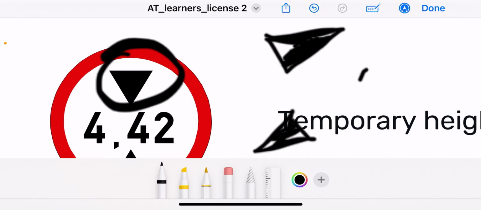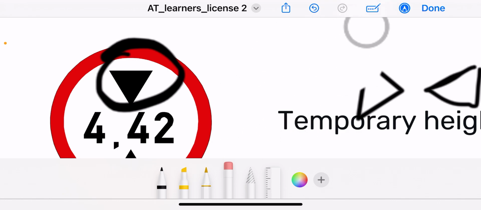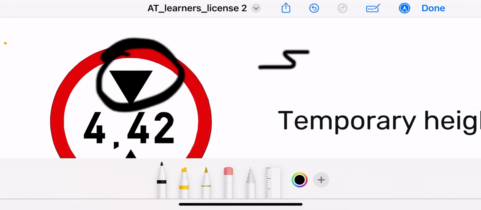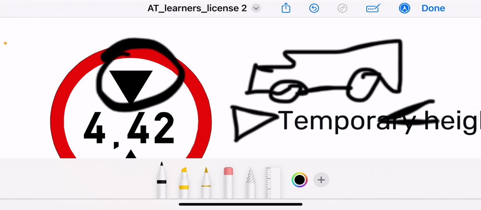This is height, and then this will be width. And then the length, they will draw a truck. They draw a truck for you, and then they do this, and this one is for the length.